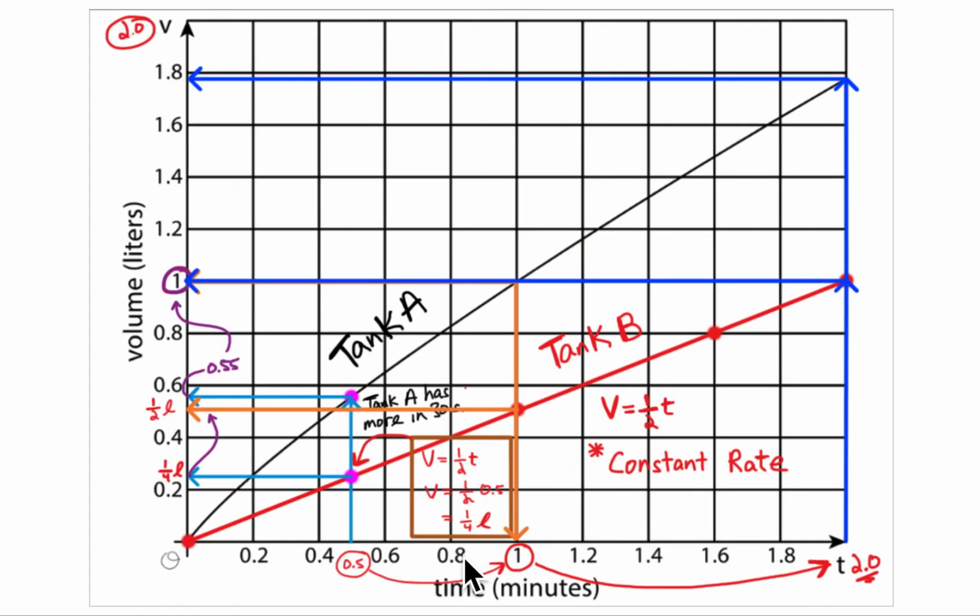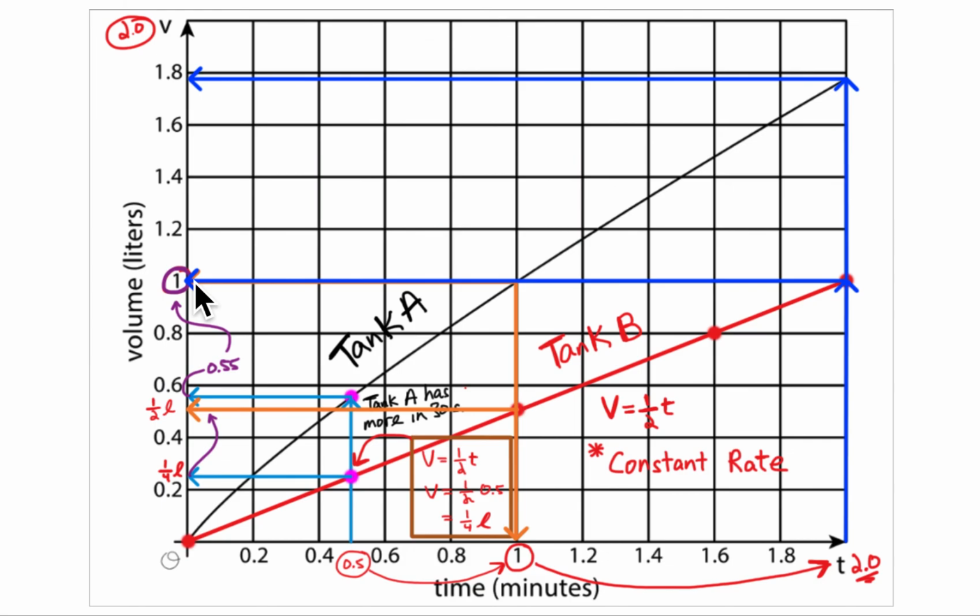So now if you double the time from 1 minute to 2 minutes for tank B, or the turtle, it should double. So it goes from 1/2 of a liter. So 2 times 1/2 is 1 whole liter, and it does. Tank B for 2 minutes, you go up here for 2 minutes, and it intersects its line right here, and you go across here, and you see that in 2 minutes, tank B has 1 liter.